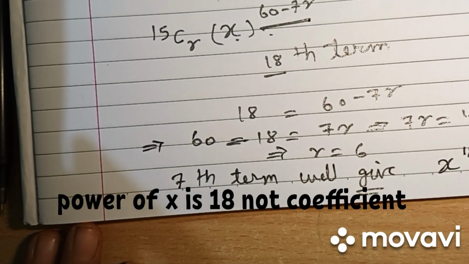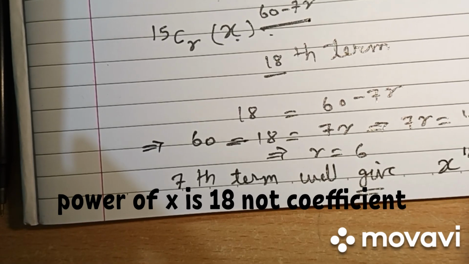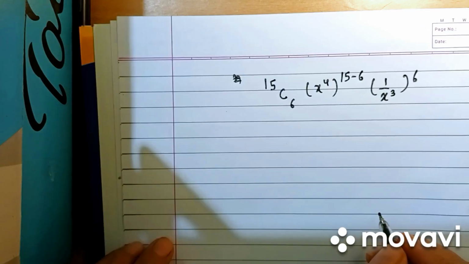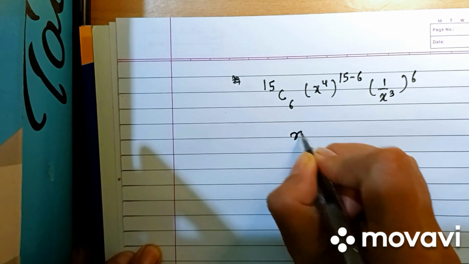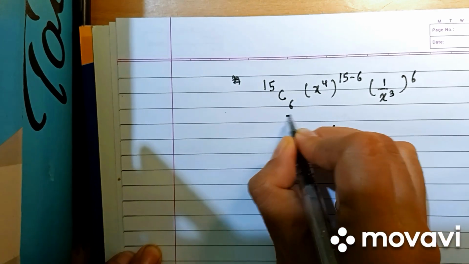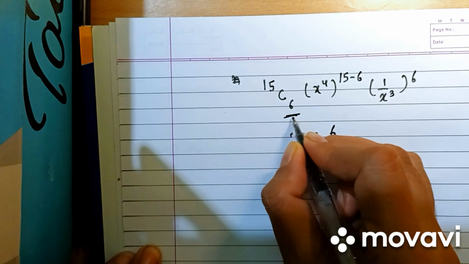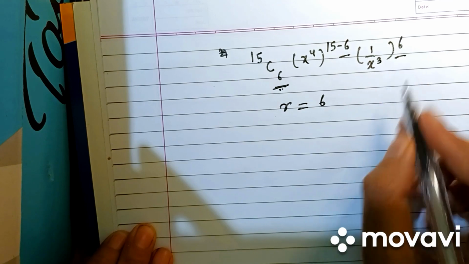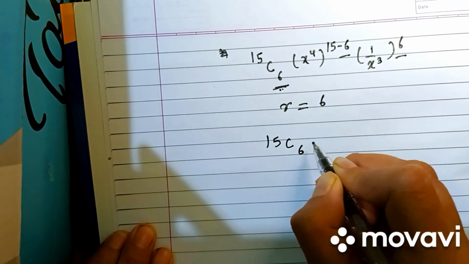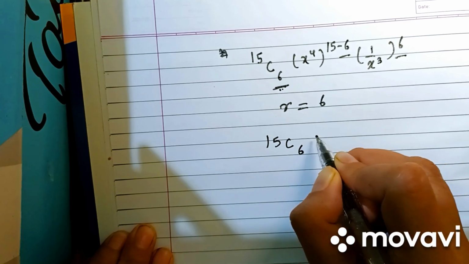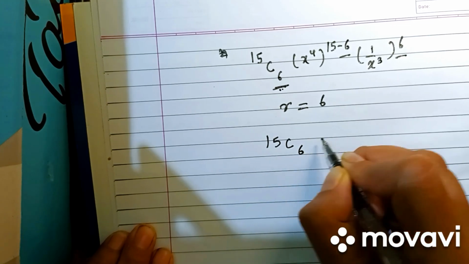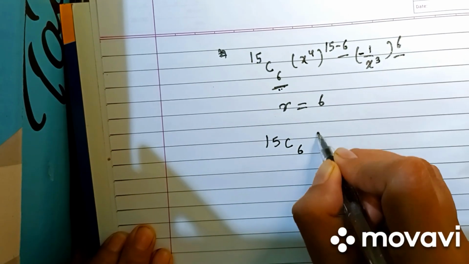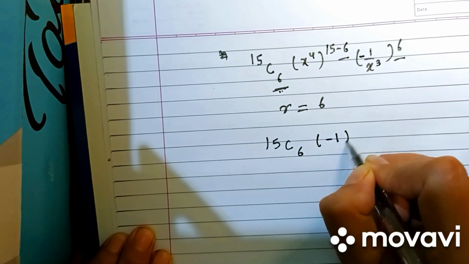Now we have to actually find out what the coefficient will be. Since we have derived that r is equal to 6, we put r equal to 6 in our general term. Here we have put 6, here we have put 6, and here also we have substituted 6. So we just have to find the coefficient. The coefficient will be 15C6, and it is a minus term, so minus 1 to the power 6.